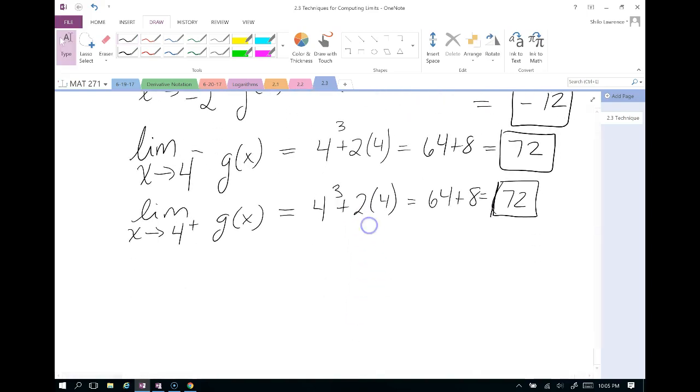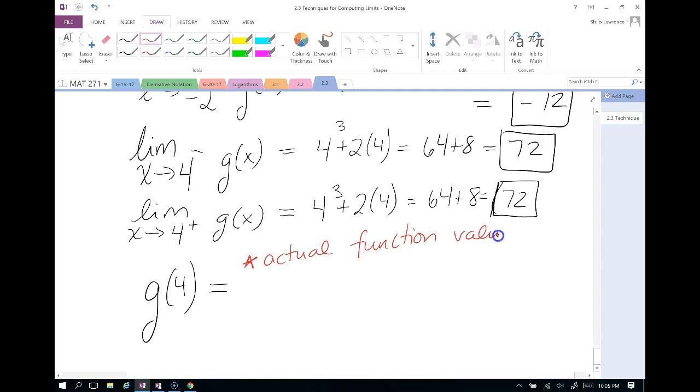Now the actual function value at 4, g of 4, means tell me what the point is at 4. This is our actual function value. This is what happens when you plug 4 into the function.